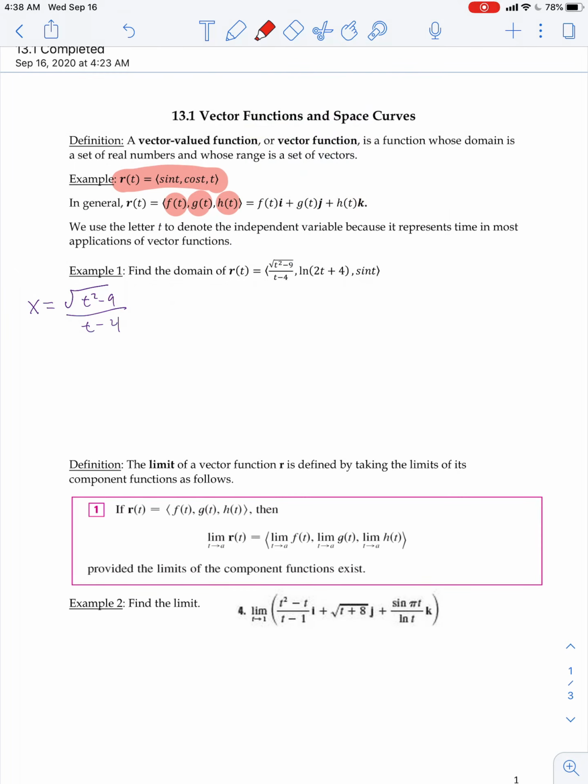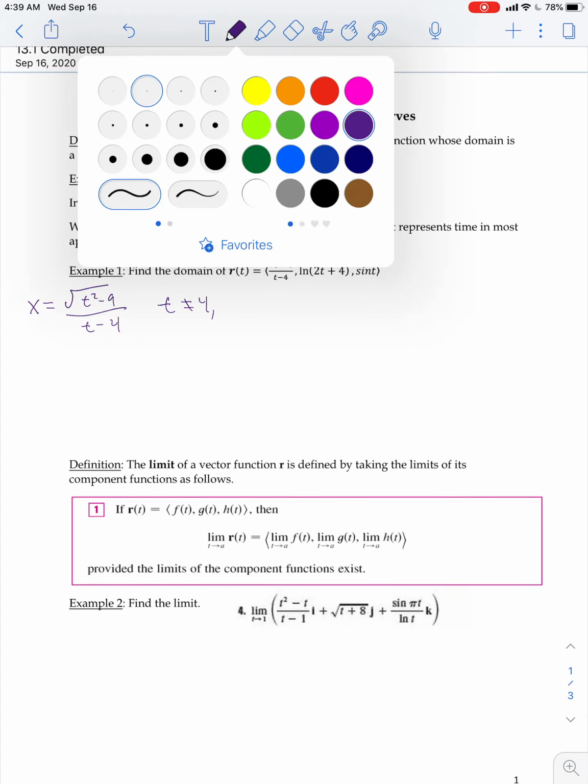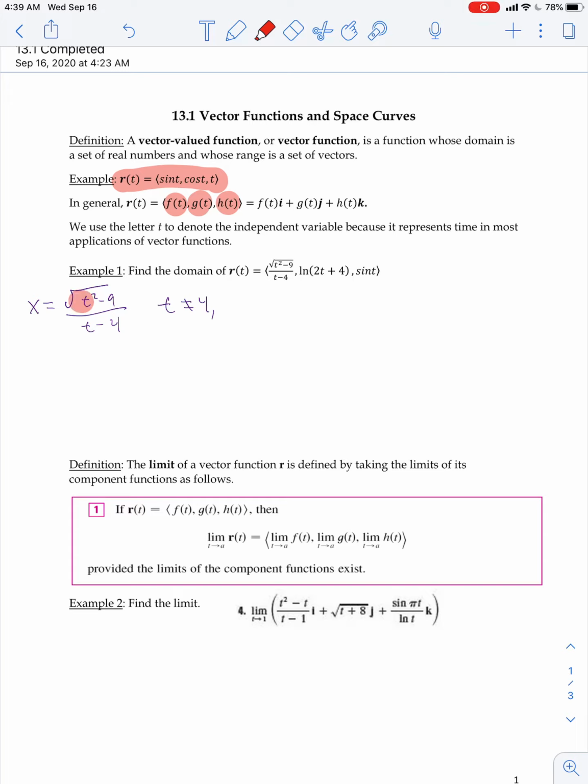Well, if we look at the denominator, t minus 4, we know that the denominator cannot be 0, so t does not equal 4. In the numerator, we have a square root, and we're not allowed to have any negative underneath the square root.